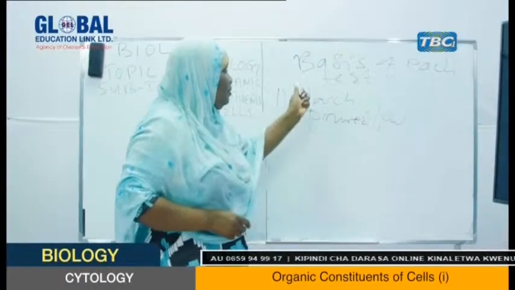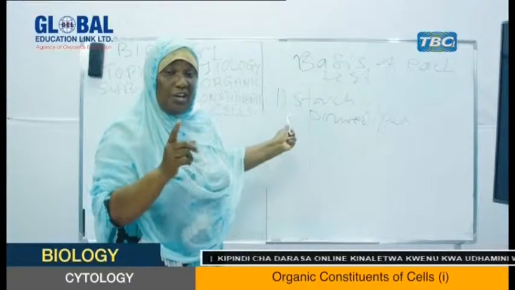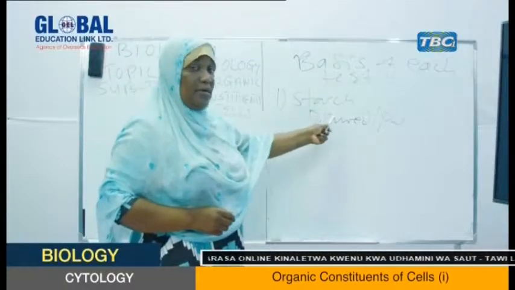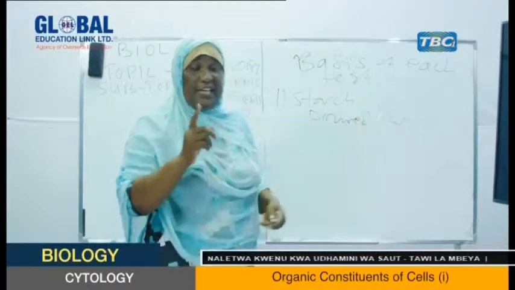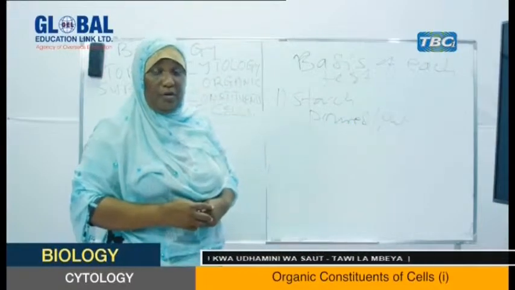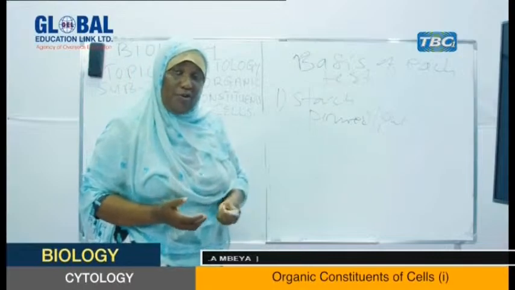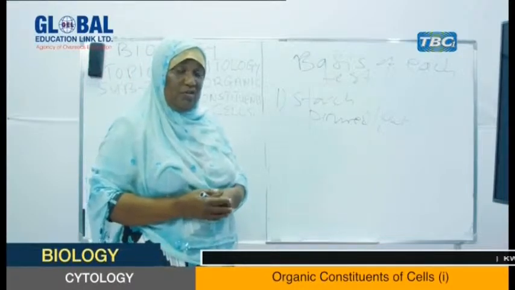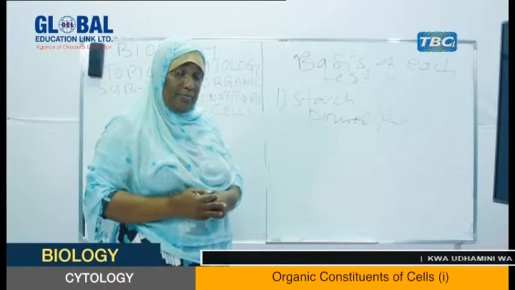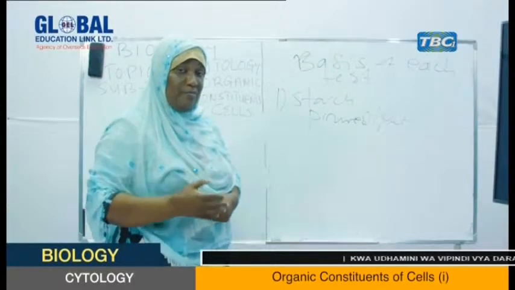You can say 2 cubic centimeter of solution A were poured or were put in a clean test tube, followed by addition of 2 drops of iodine solution. You know the procedure. You also know the observation.